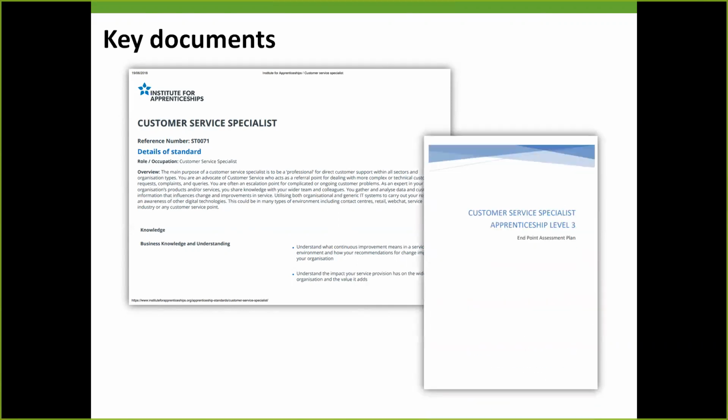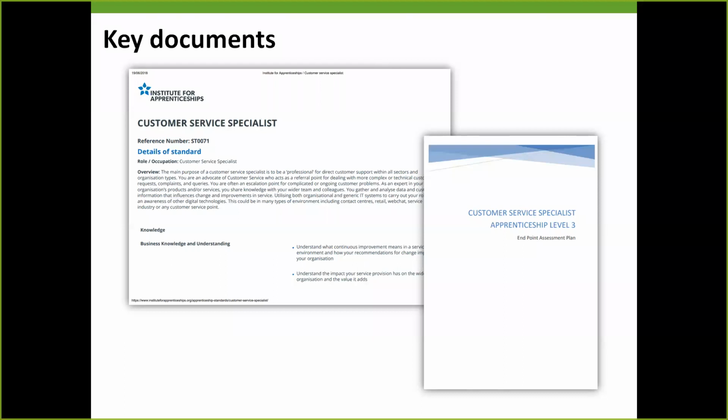And the second go-to document, which is essential, is the assessment plan. And it's this assessment plan that the endpoint assessment organisations and the endpoint assessors actually use as their guide on specifically how endpoint assessment should be carried out. So it explains what will be assessed, how the apprentice will be assessed.